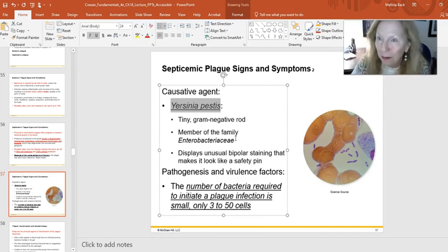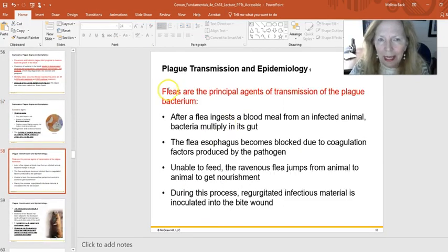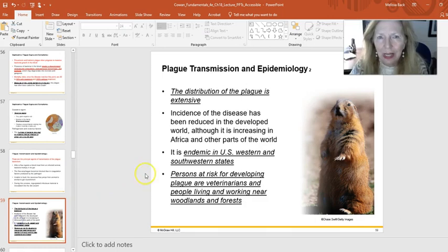So like many of the microbes that we hear about, but it can take very, very few microorganisms, individual ones, to actually cause disease. Again, the rat fleas were the principal reservoirs of that, and we understood that.